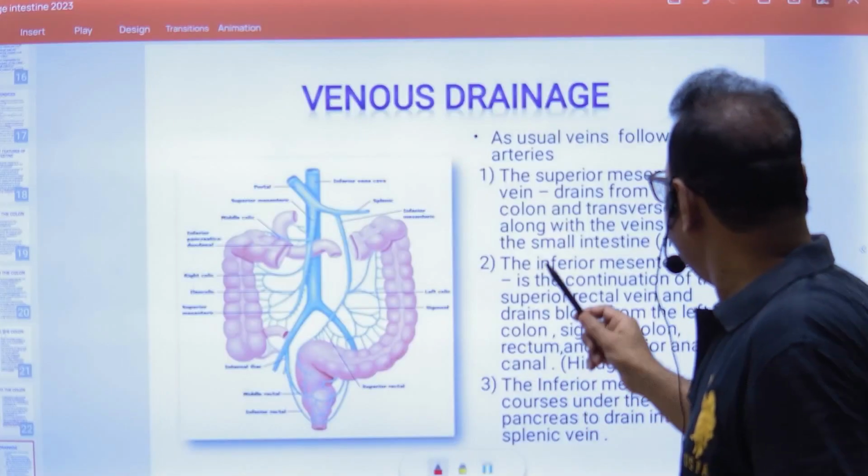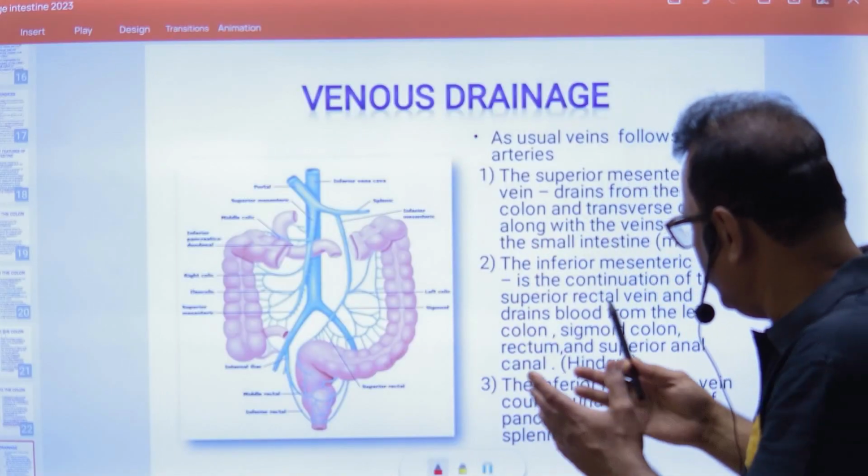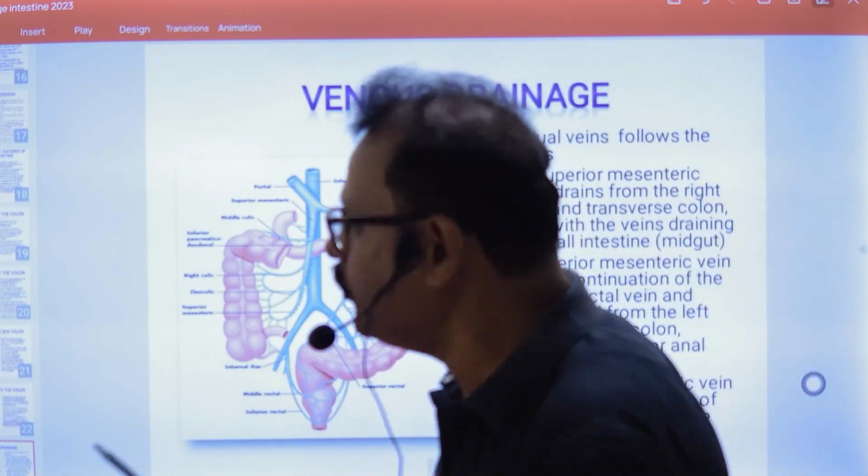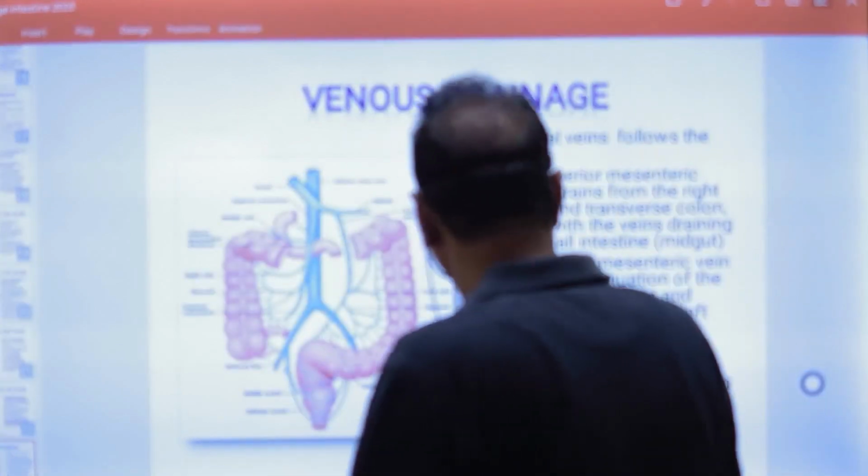Now the venous drainage. As we know, there is a vein for each artery, so with the superior mesenteric artery and inferior mesenteric artery we get the superior mesenteric vein and the inferior mesenteric vein.